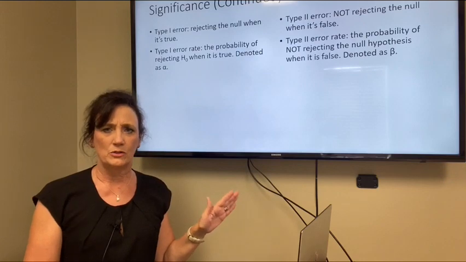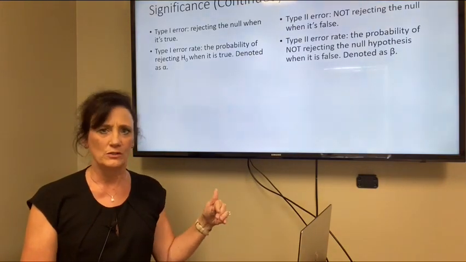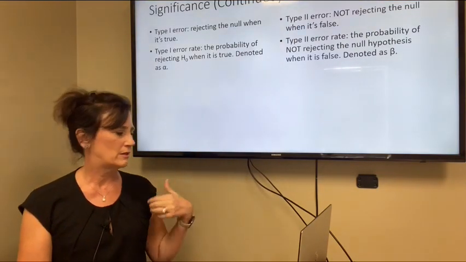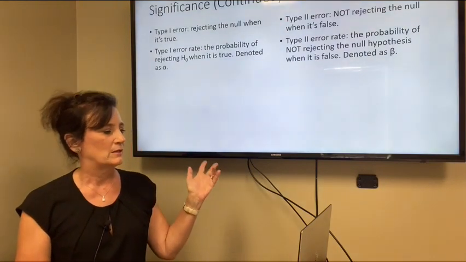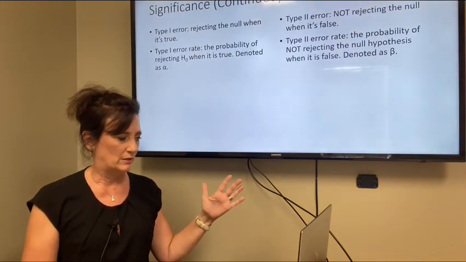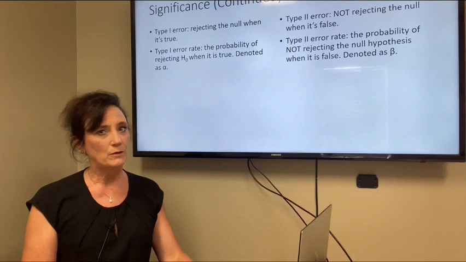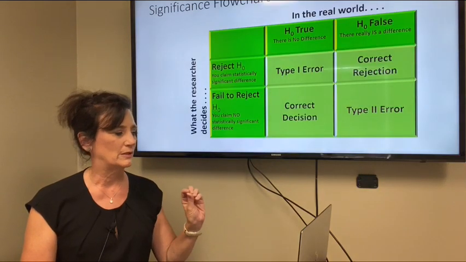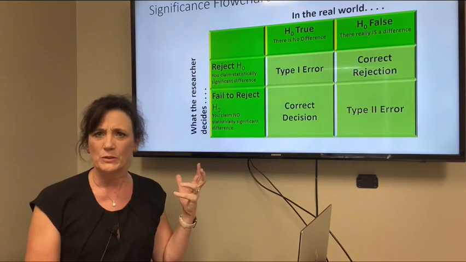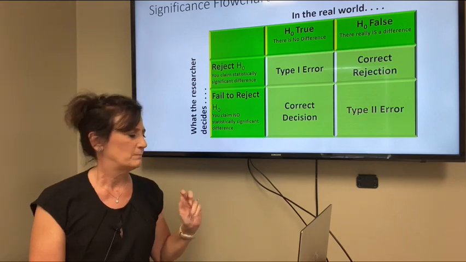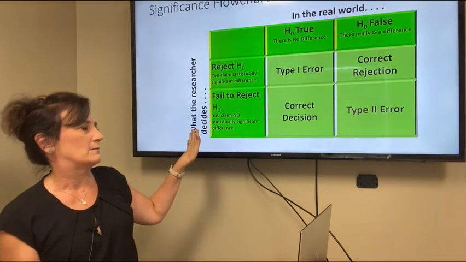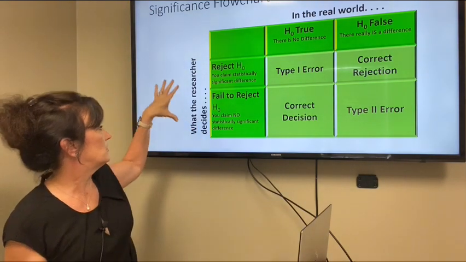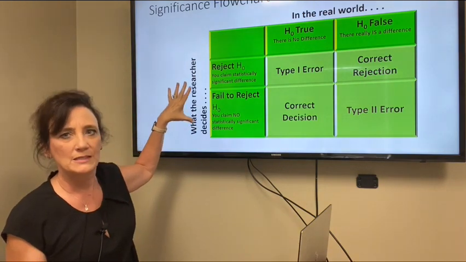So this slide gives you some definitions of all these things. Type 1 error, type 1 error rate, type 2 error, type 2 error rate. What I really find most useful, though, is this flow chart, because it puts it in more practical terms, right? So if you look down the left side, this side's telling you this is what the researcher decides.